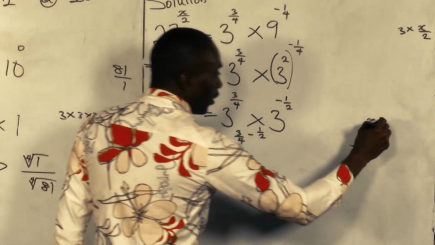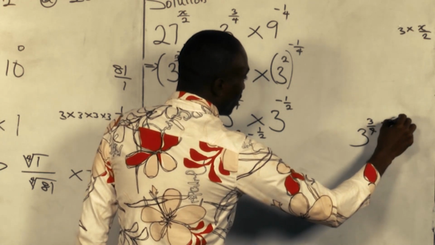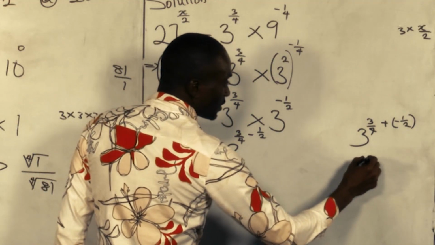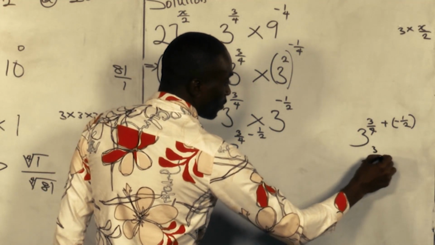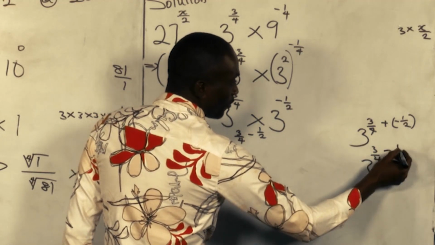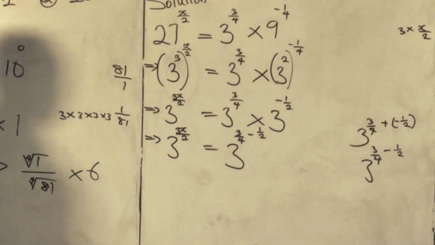Now, plus minus 1 over 2, isn't it? This will give us 3 raised to the power 3 over 4, plus times minus is minus, I have 1 over 2. Can you see it? Which is what we have here.